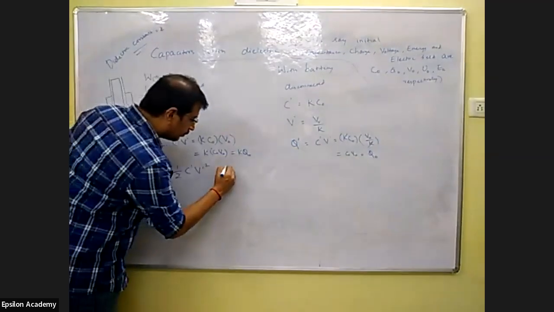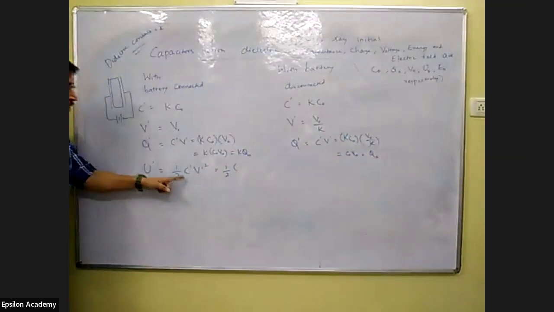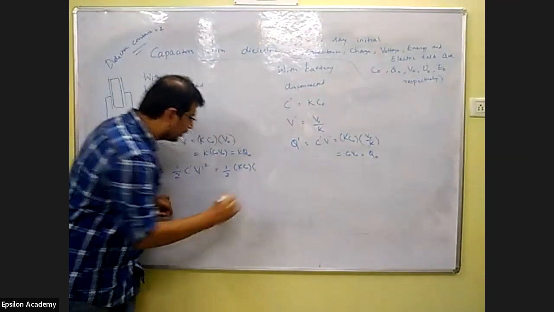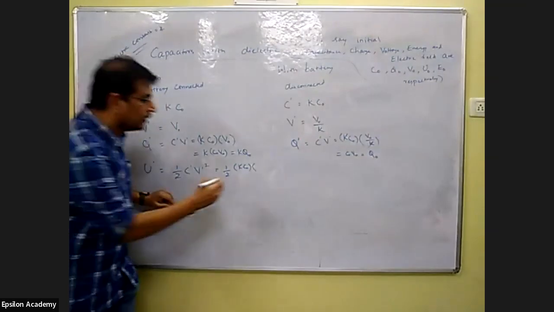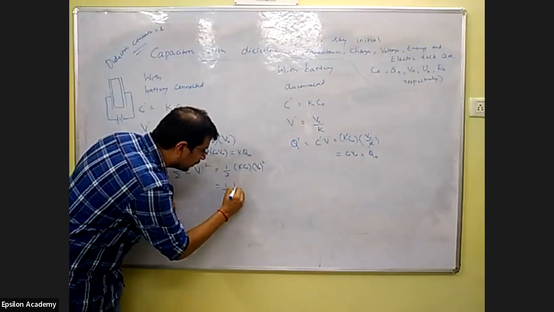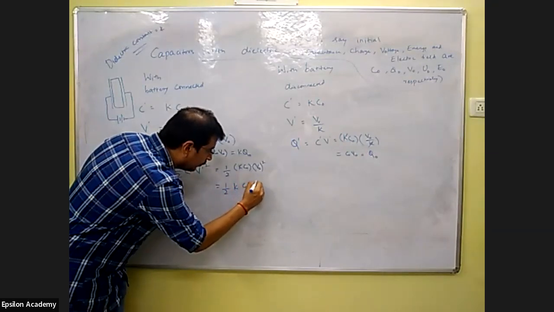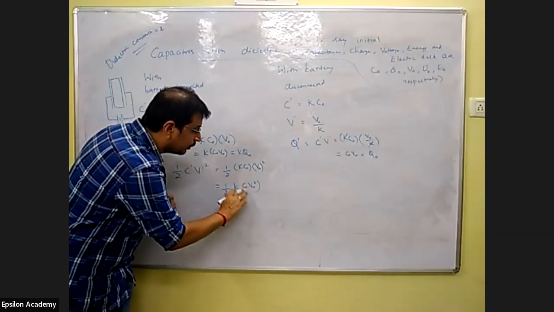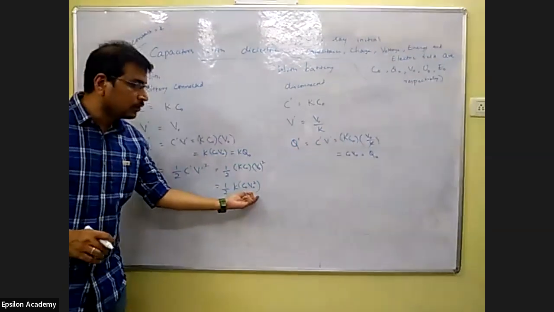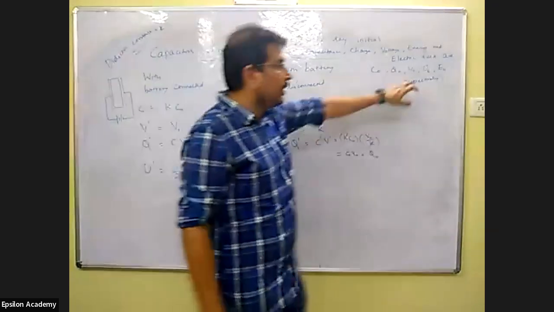This will be equal to half into C dash, which is K times C naught, and V dash is V naught. So it will become half into K into C naught V naught square. But C naught V naught square divided by 2 is U naught.